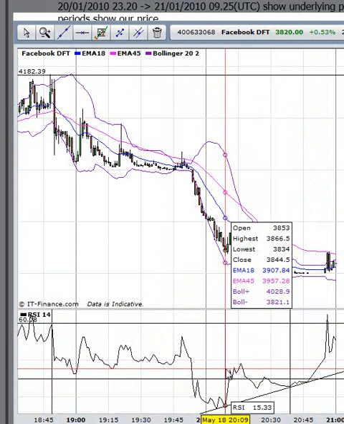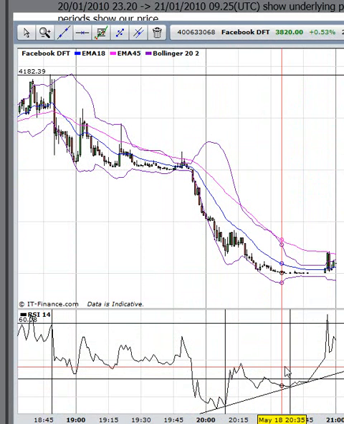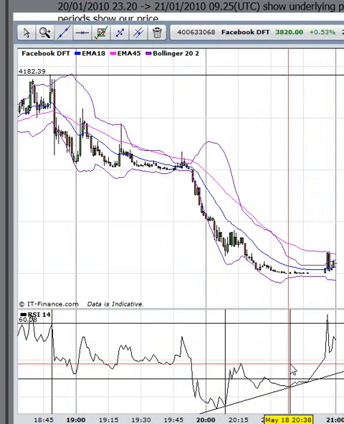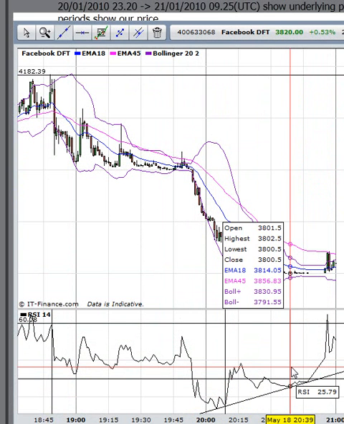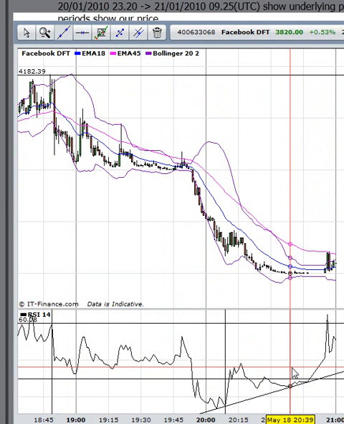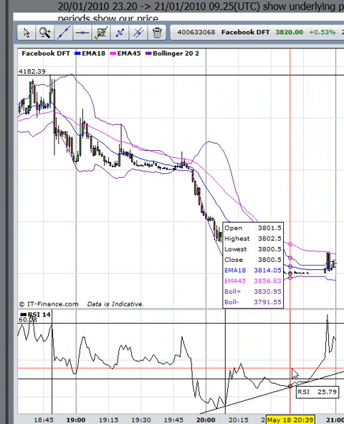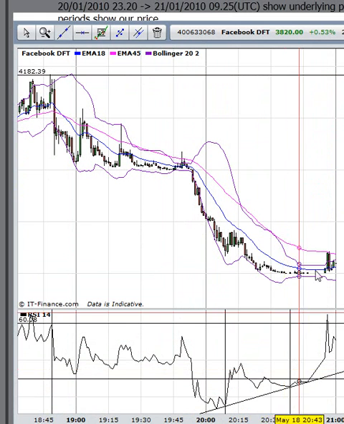But let me tell you exactly what it is. So there it's 15.33 minus 25.79. Oh, it's a 10.2 bullish RSI divergence, not 9.2.